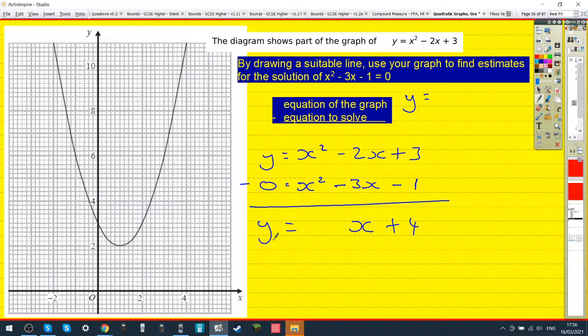So it would be a straight line. Yep. It goes through 4 on the y. Any other point it goes through? Minus 4 on the x. Yep, minus 4. So that's going to be there. Okay, and so solutions.